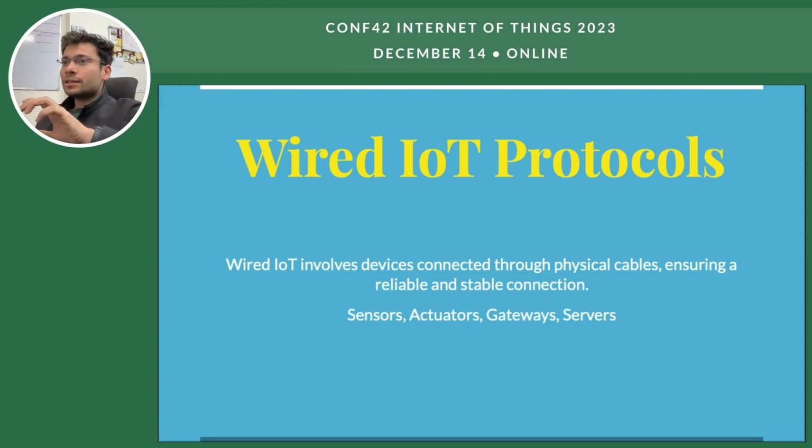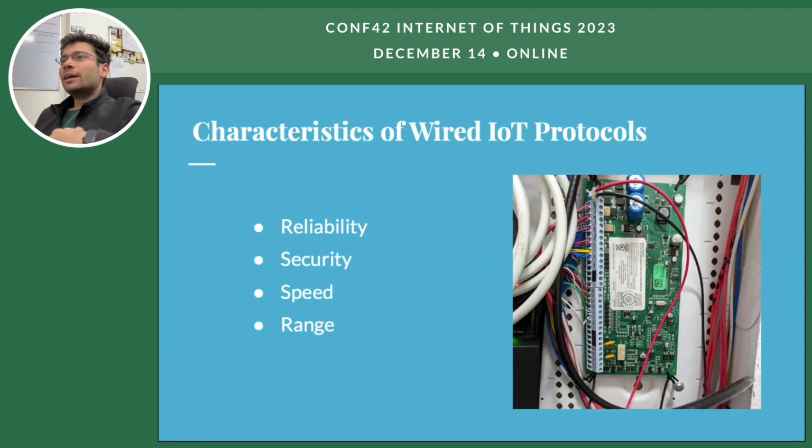And these protocols are generally used to make connections between sensors and the microcontrollers, or microcontrollers and the gateways. And sometimes if we are using ethernet, then from gateways to the server as well. So let's see the advantages, the disadvantages, and various types of wired IoT protocols.